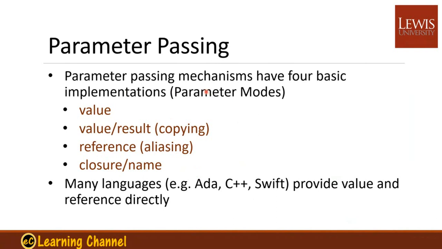So different parameter passing schemes. Many languages, for example Ada and C++, provide value and reference models for parameter passing. But some languages like C or Java only have call by value.